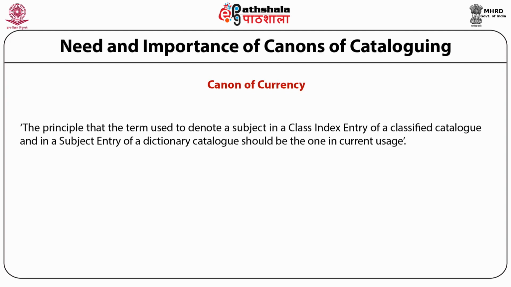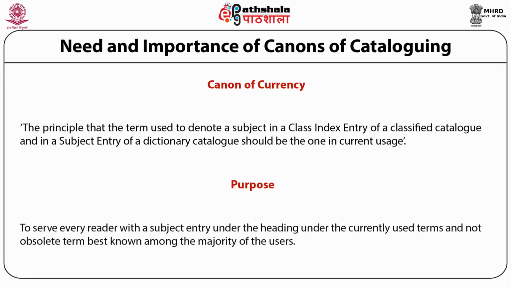It means the heading should be prepared under the current terms. Purpose of Canon of Currency: to serve every reader with a subject entry under the heading under the currently used terms and not under the obsolete term best known among the majority of the users.